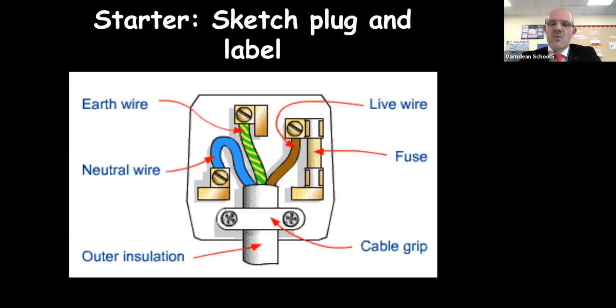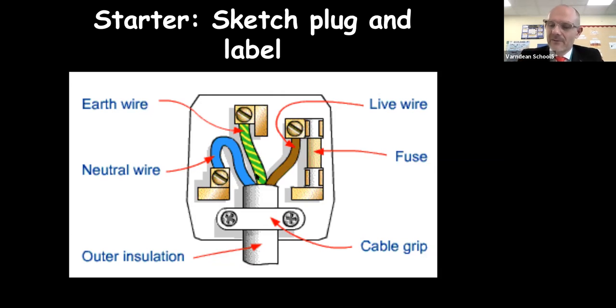Right. Sketch a plug and label it. You need to know where these different things are, but slightly more than that, you also need to know what they are for. So we've got the live wire. We've just mentioned that. That's the one where you've got the alternating potential difference, voltage going backwards and forwards in two different directions. We've got the neutral wire, which is earthed at the substation, and the earth wire is a safety device.